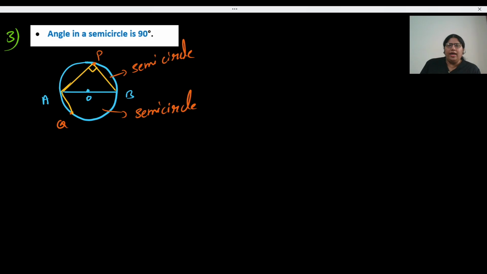Similarly, if I join A to Q and B to Q, this angle is also 90 degrees. I can take any point here, and any angle subtended by the same diameter is going to be 90 degrees, because you have seen that angles on the same segment are equal. So angle APB equals angle AQB, and they are equal because each angle is 90 degrees.